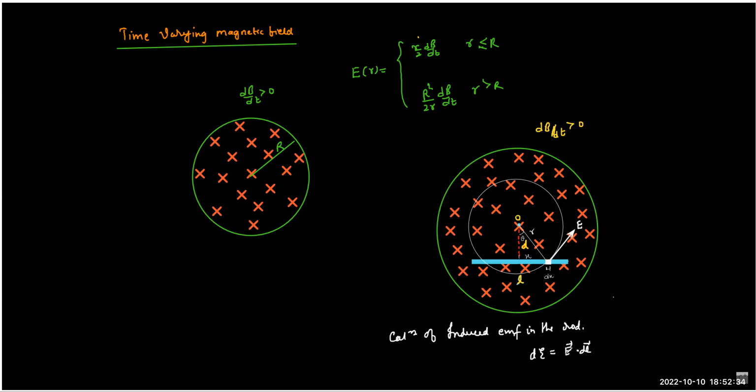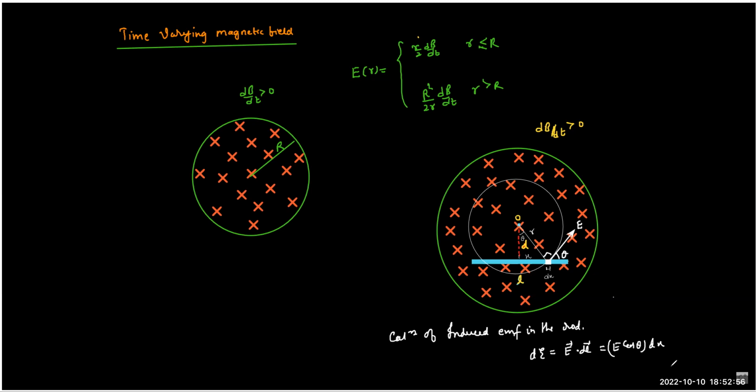You can see, if I take this as theta, this is 90, this is also theta. So the component of electric field along the rod will develop the induced EMF, right? So it is E cos theta multiplied by dx. We can write like this.